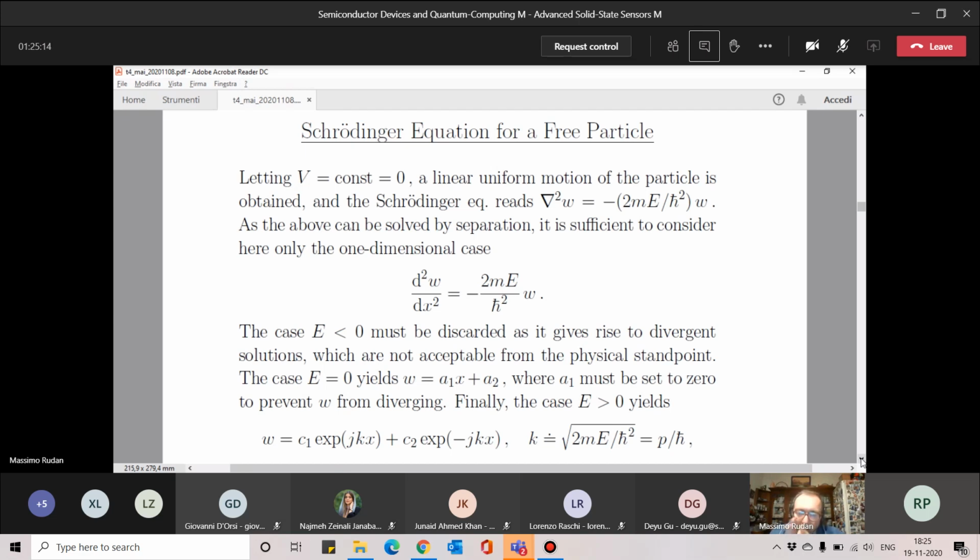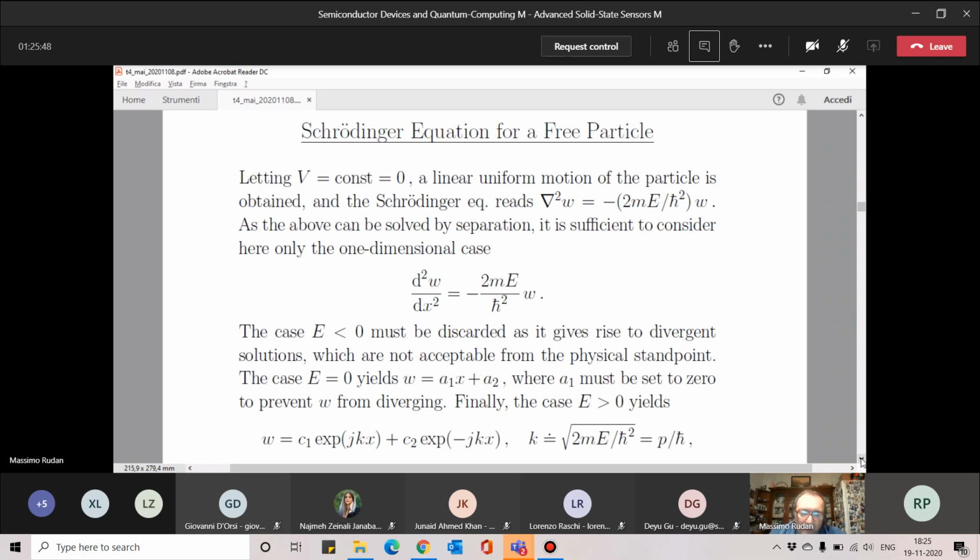So for the moment, we don't talk about separation, okay? So it is sufficient to know that we can solve this equation in one dimension only, okay? And what we obtain is exactly what we would obtain by separation. So if we consider the equation in one dimension only, the Laplacian becomes the second derivative with respect to x.